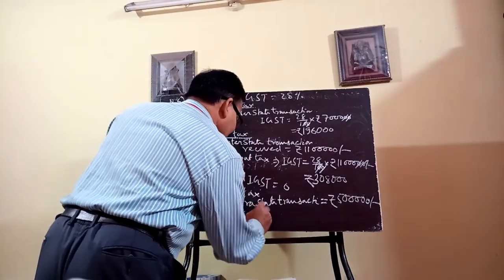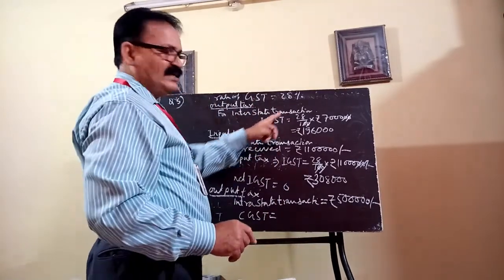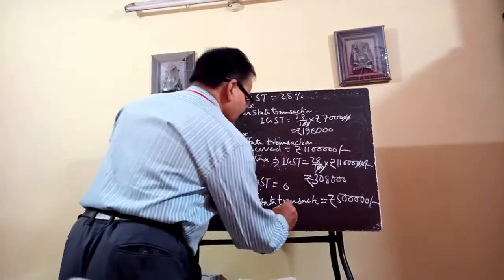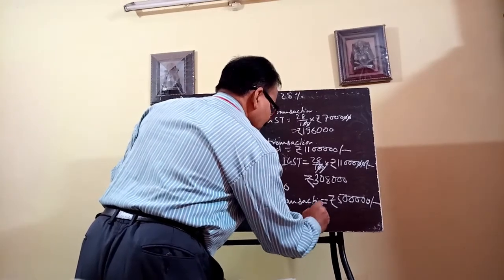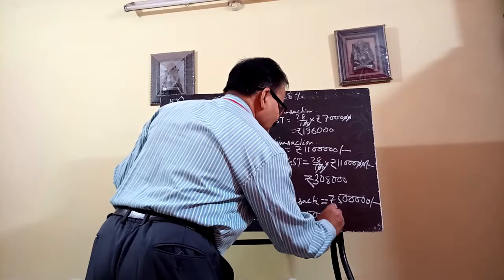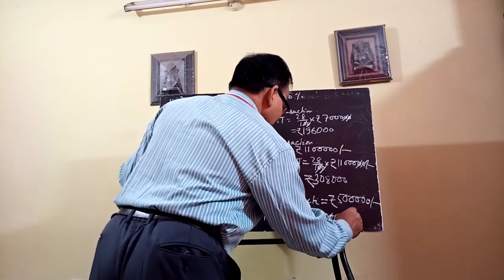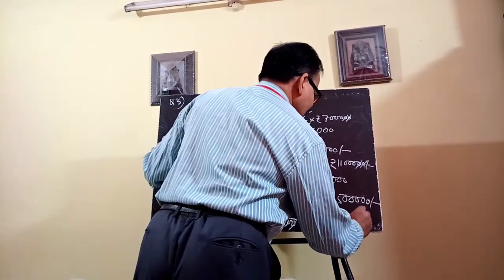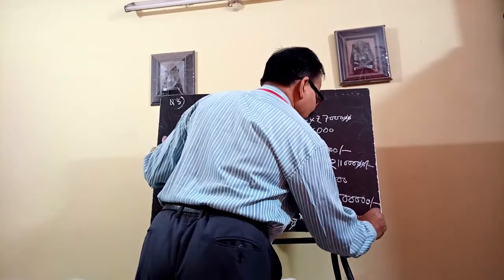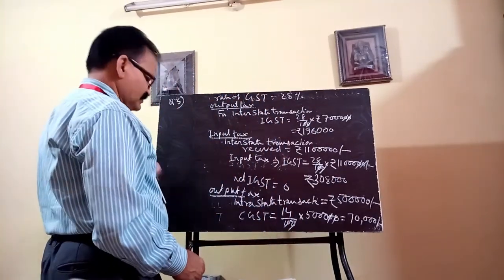Because total GST is 28%, CGST will be 14% of rupees 5 lakh. So 0 cancel. So this will be 70,000. 70,000 is the CGST.